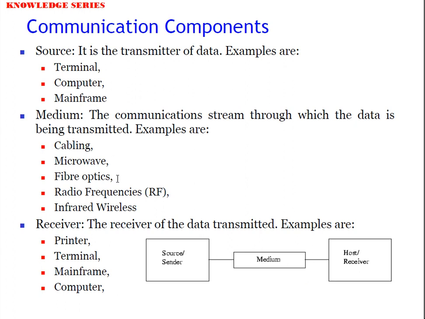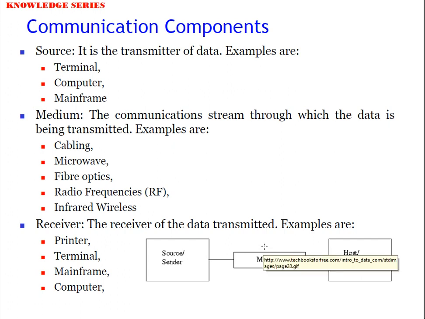If you use fiber optics, you will have very low loss. But when you talk about microwave frequencies or radio frequency, you will find losses. All these challenges are what computer or data communications has to take into account for proper data communications.